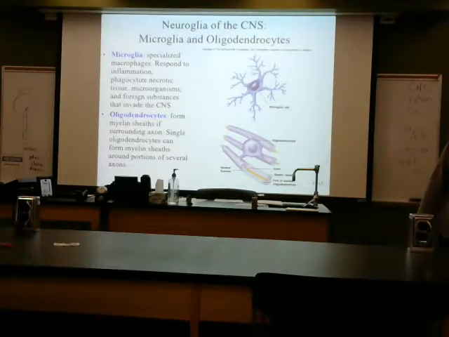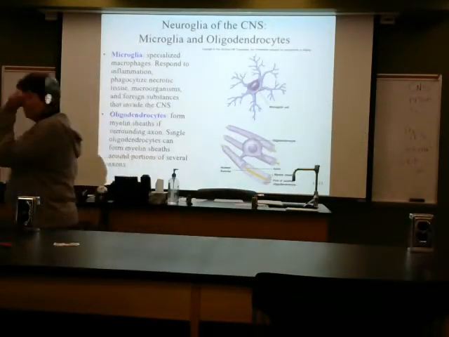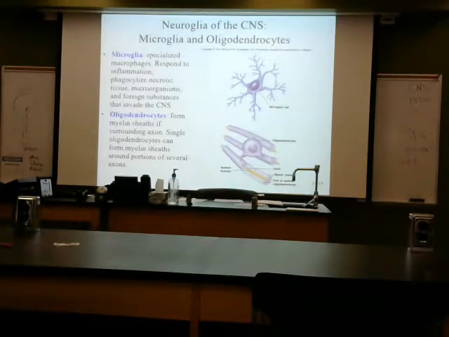Do I want any of that in my central nervous system? Oh no. Because if it gets in there, bad things are going to happen. Alright? So, they are really good at helping keep it clean.